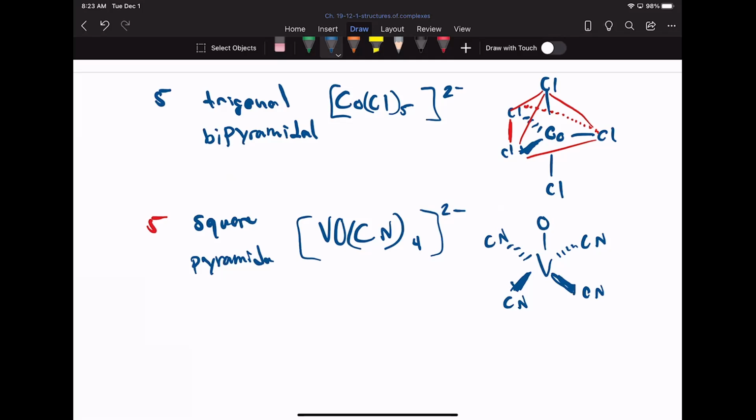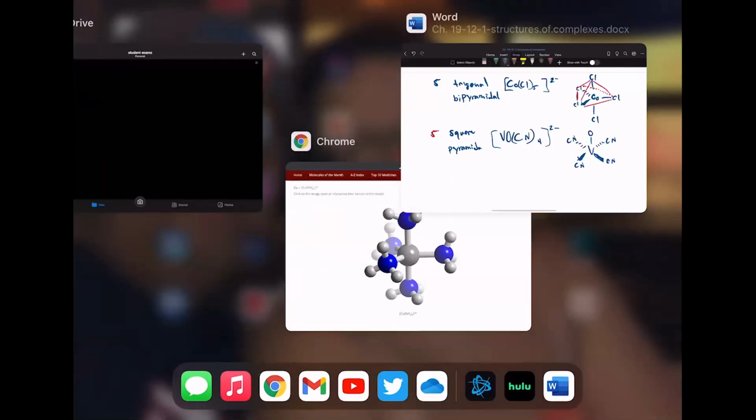No, they don't show. Oh, that's a coordination. Oh, I skipped right over it. We'll go back to it, but there is square planar. All right. So square pyramidal.